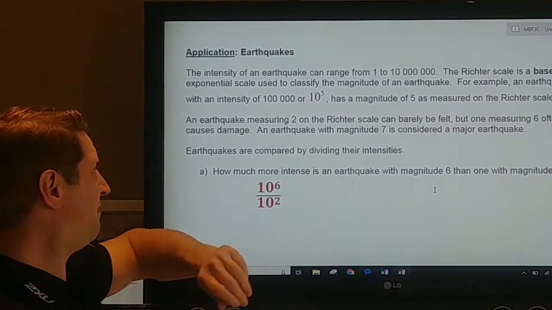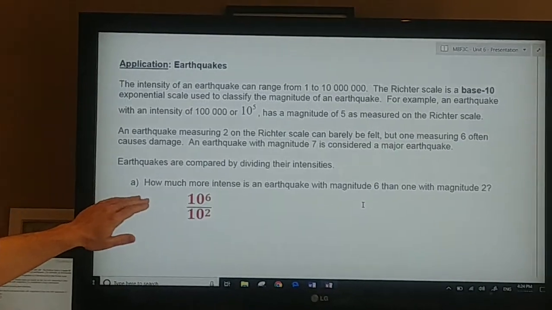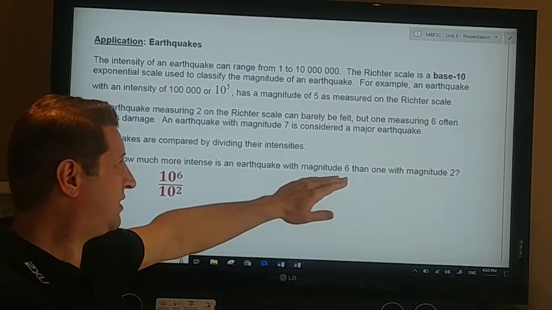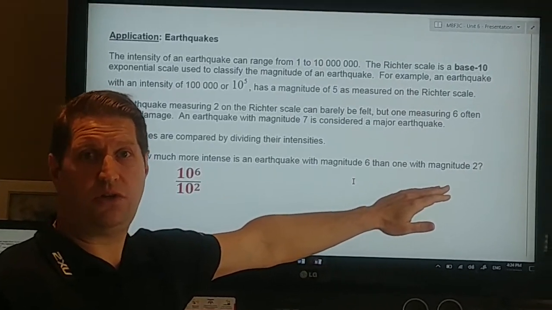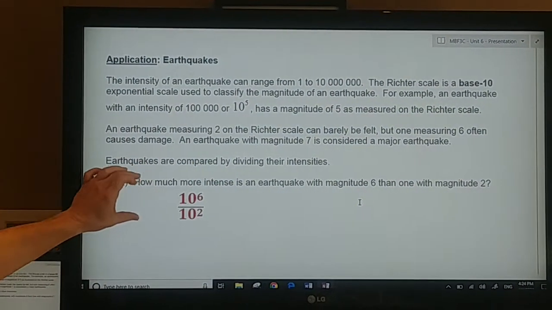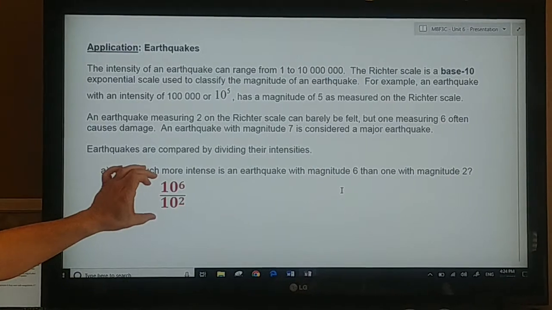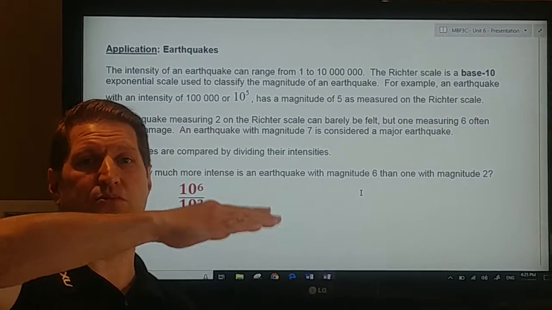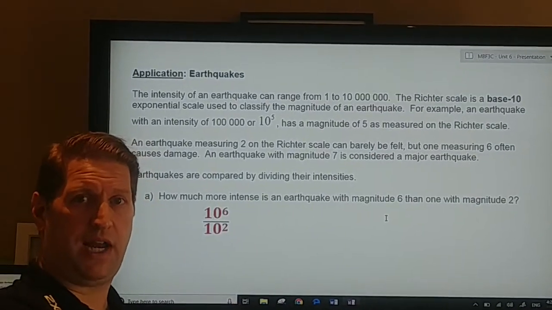For example, when they compare something on the Richter scale, they look for intensity. How much more intense is an earthquake with magnitude 6 than one with magnitude 2? Since the comparison refers to division, it's just 10 to the 6 divided by 10 to the 2. And again, since we know division becomes subtraction, everybody can work that out.